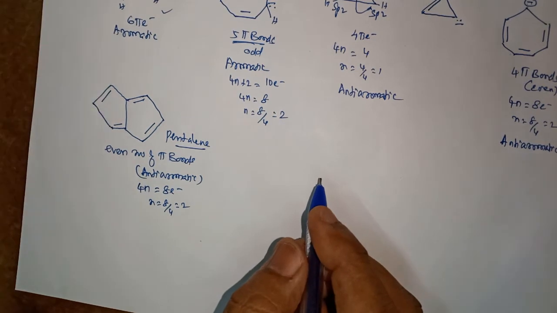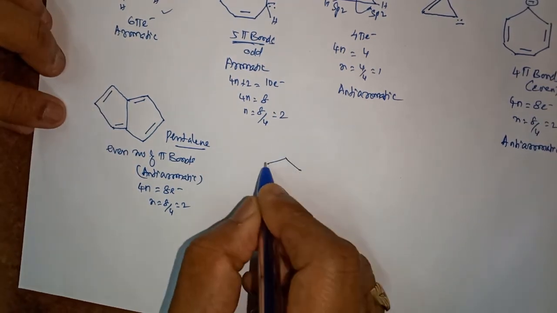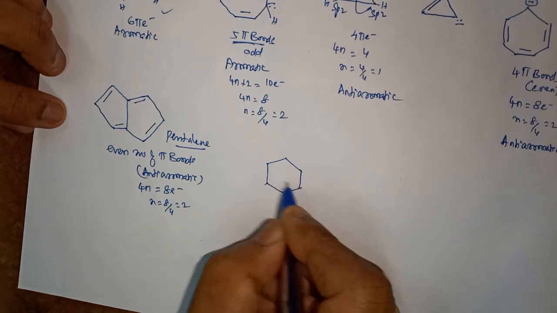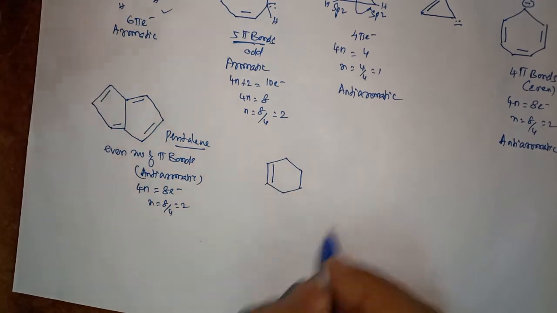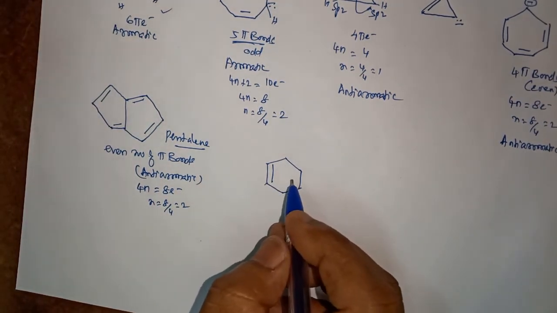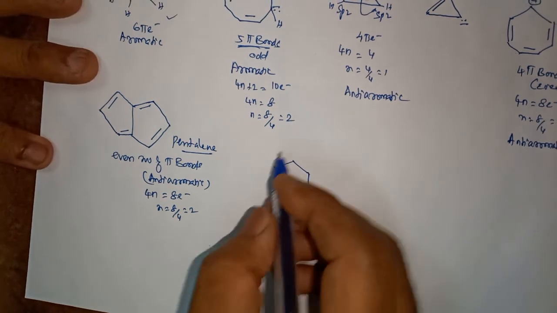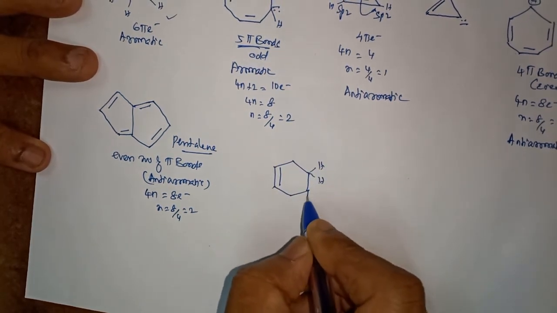Then we can go for one or two examples of non-aromatic compounds. I can take this compound here, whether it is aromatic or non-aromatic. First, cyclic is there. We want to check whether it is planar or not. To check whether it is planar or not, you check the hybridization. But here you see no double bond is surrounding.